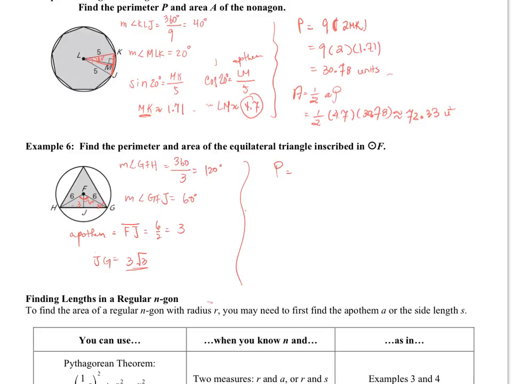I need to take 3 times twice JG. So this will be about 31.18 units. And then the area of the triangle will be half the apothem, which is 3, times the perimeter. So that would be about 46.77 square units.